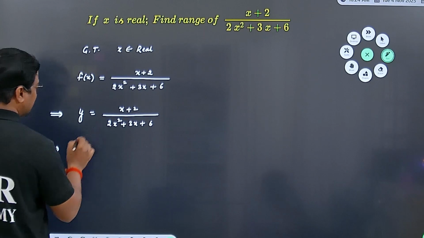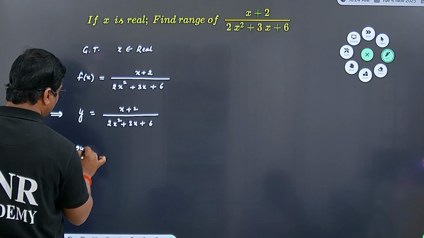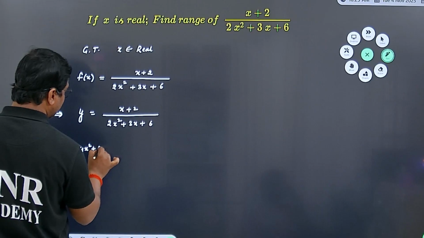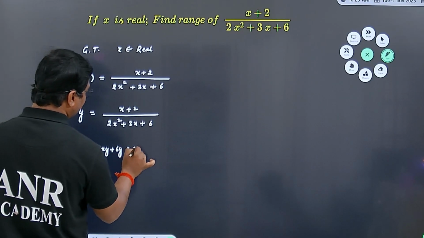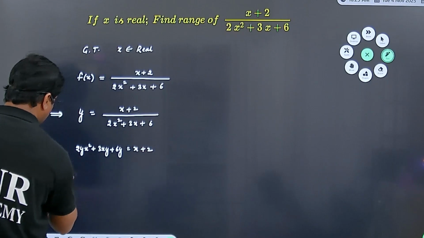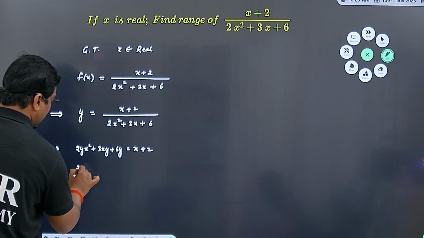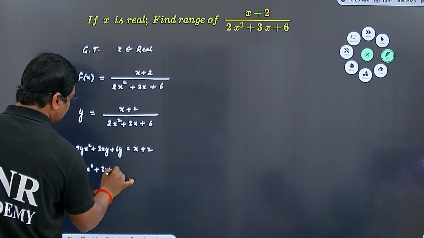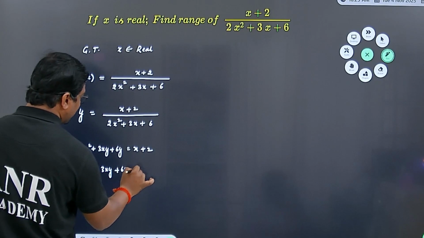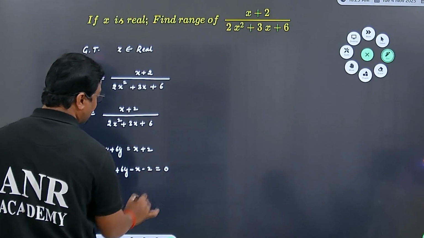On cross multiplication we get 2yx square plus 3xy plus 6y equal to x plus 2. Implies you can write 2yx square plus 3xy plus 6y minus x minus 2 equal to 0.